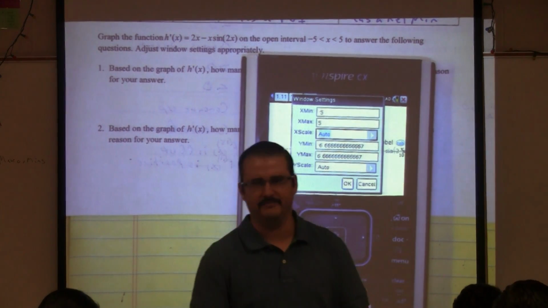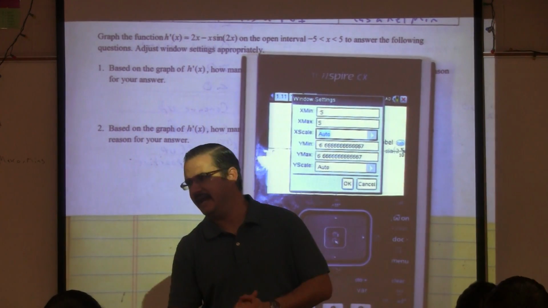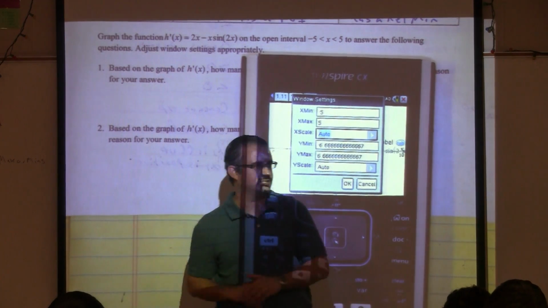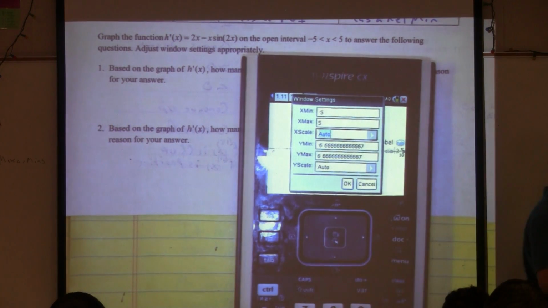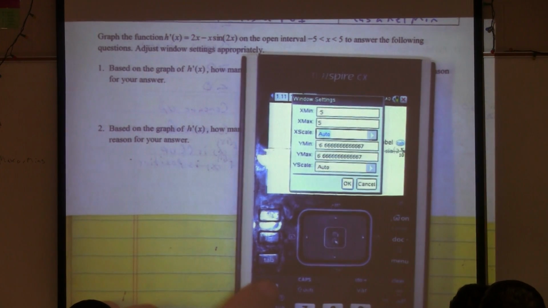What's a small radian angle that we could use as an interval? Pi fourths? You want to go by pi fourths? Okay, so right there under x scale, change it to pi divided by 4. Figure out how to do pi. The pi is at the bottom, next to the 8.